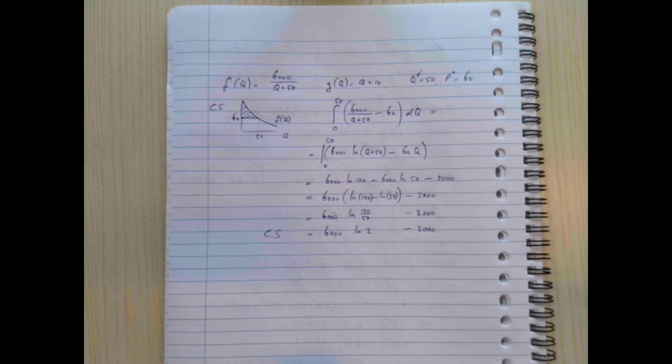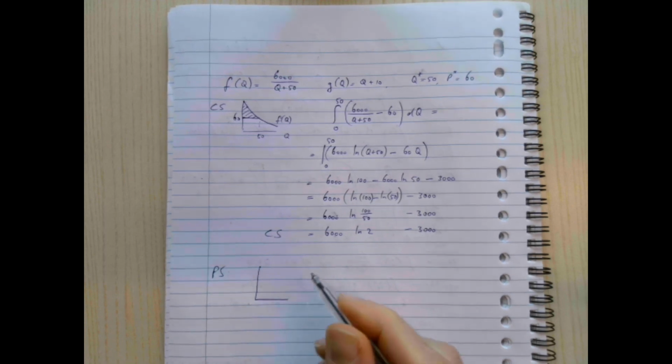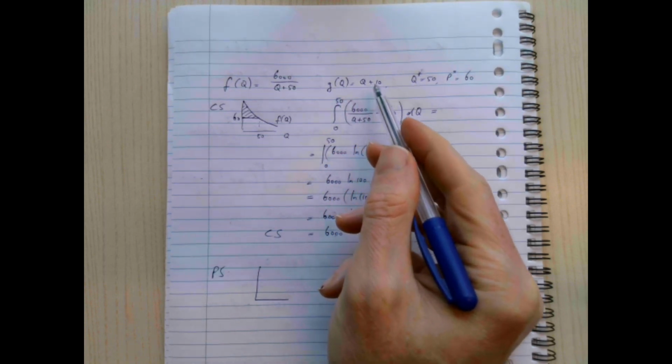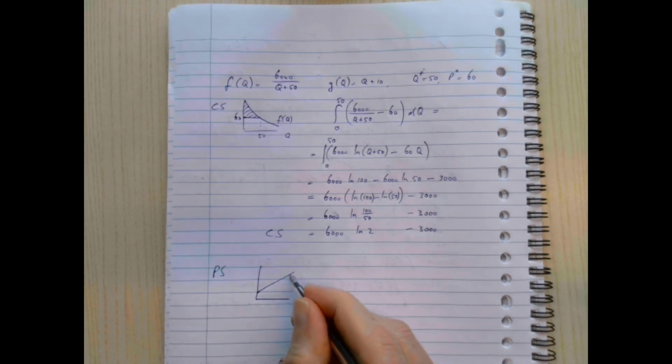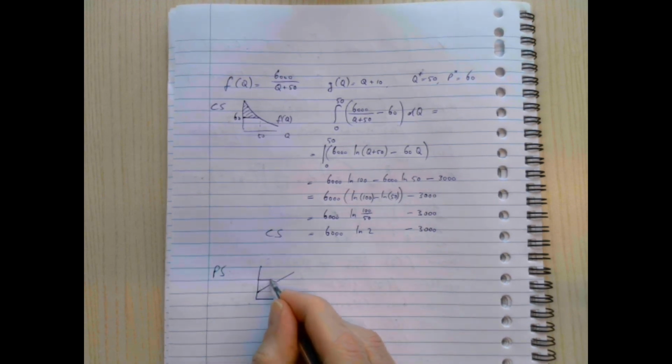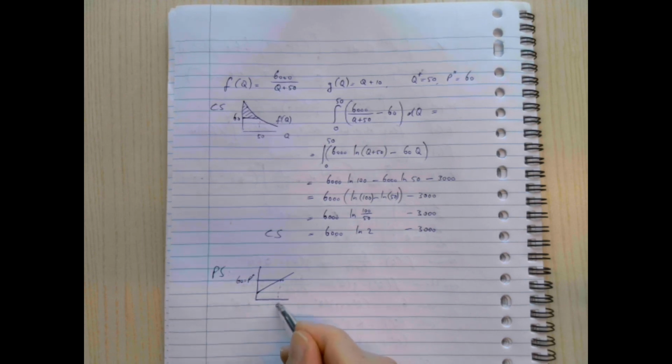What's a producer surplus? Well, same thing. For producer surplus, I have this linear function, right? The producer supply function is this increasing line. This is P star, or 60 actually, the equilibrium price, and here is Q star equals 50.